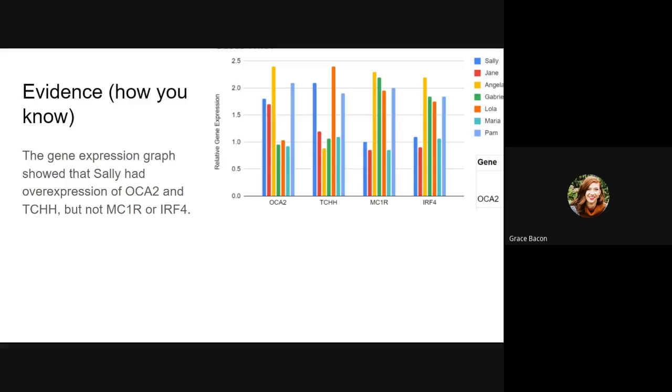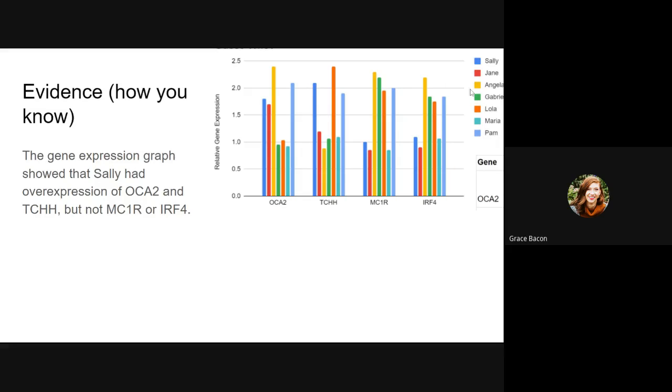And then your evidence. So now I've said this is Sally and I need to explain how. To do that, I'm going to pull data from the graph because evidence is always strongest when it comes from scientific data, which is what a graph is. So evidence I could write would be pulling out all the info about Sally.